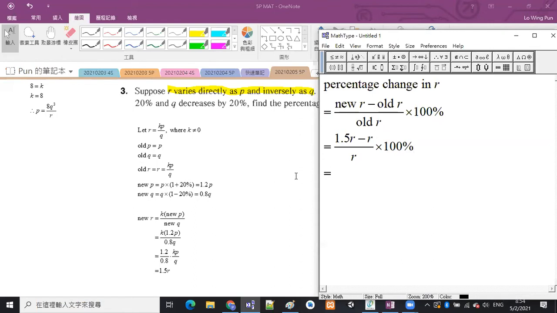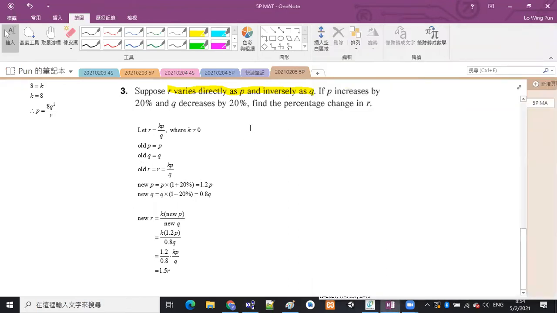Okay, and then for top part, 1.5 R minus R, they are like terms, so they can be calculated. It becomes 0.5 R, and then over R times 100%. Okay, and then it should be equal to 0.5 times 100%. That should be 50%.